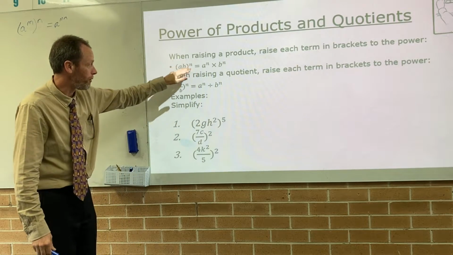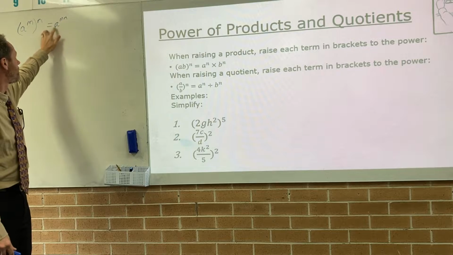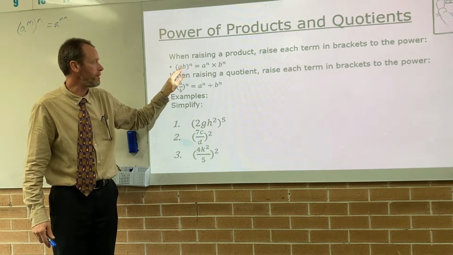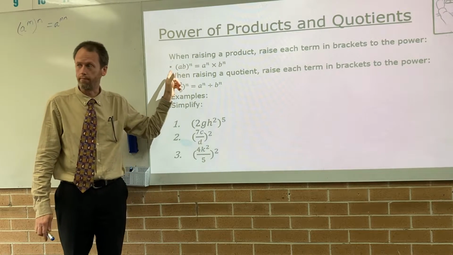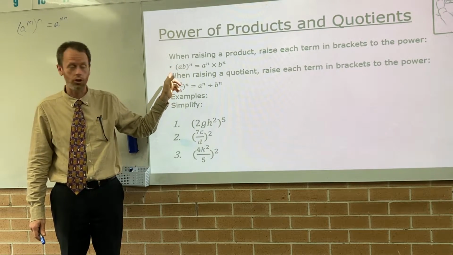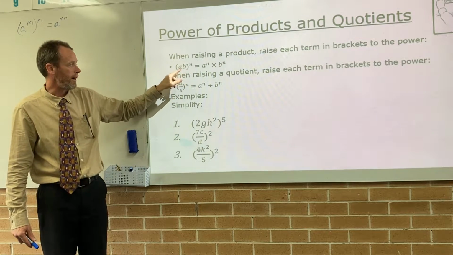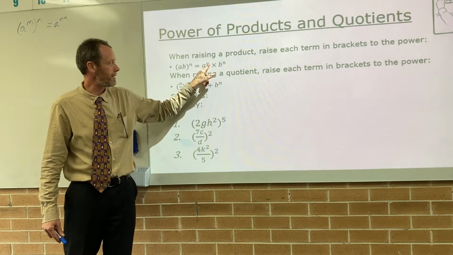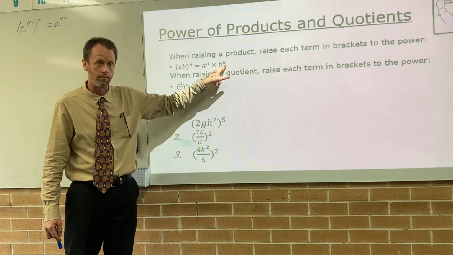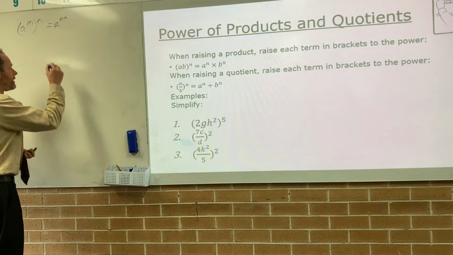Well, now we're at the point with these brackets where you can multiply. But the thing to be aware of is you need to raise each term inside the brackets to the power. So if it's multiplied and it's a times b, then it needs to become a to the n times b to the n. Let me show you one example that might demonstrate this.